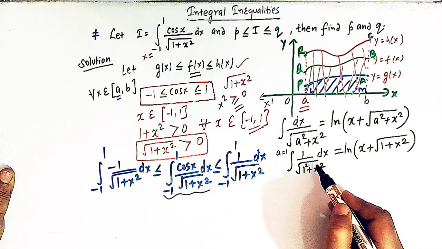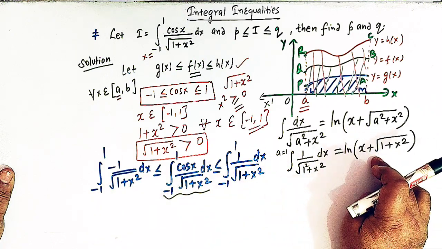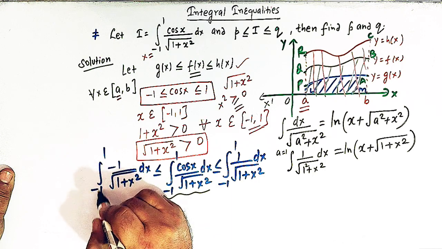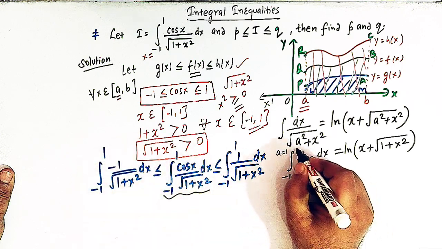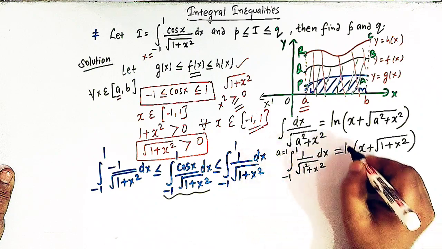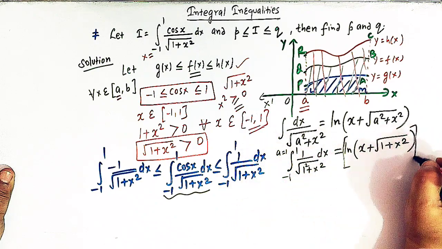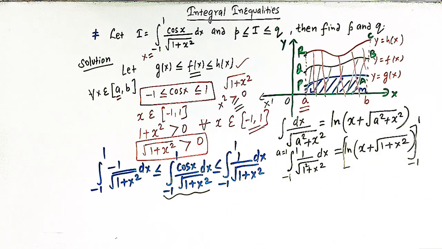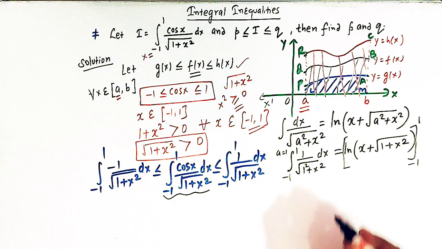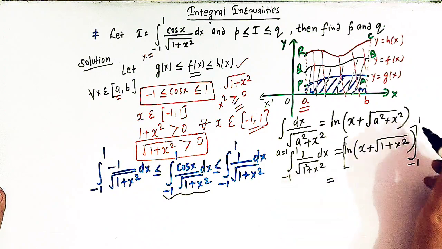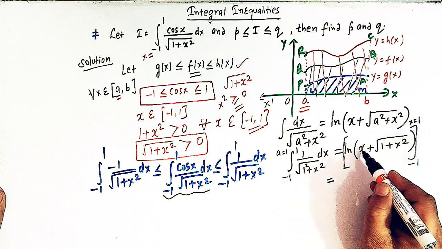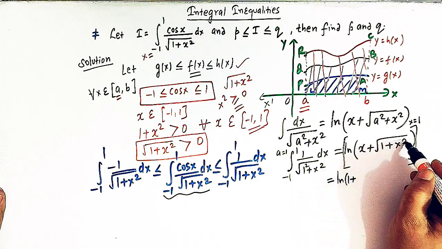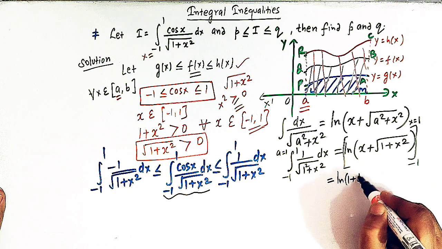And this is the indefinite integral. So to get the definite integral, we have to take the limits. If we take the limits, that is from minus 1 to 1, we can substitute the limits and take the difference. So now taking x is equal to 1, here we have log of 1 plus square root of 1 square plus 1, that is square root of 2.